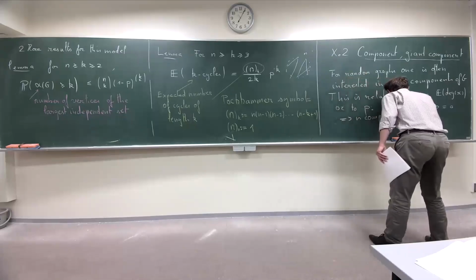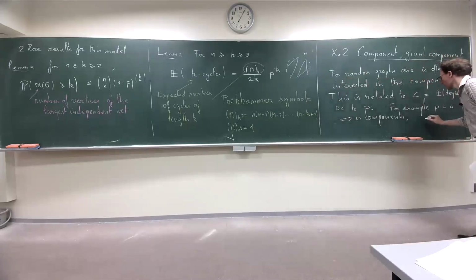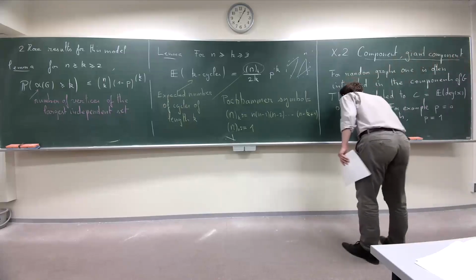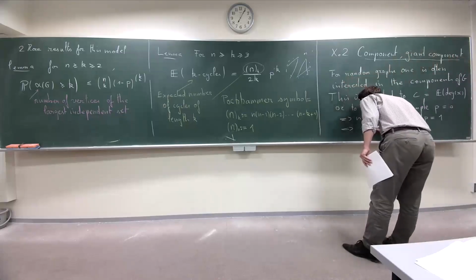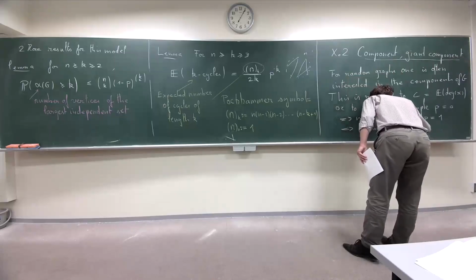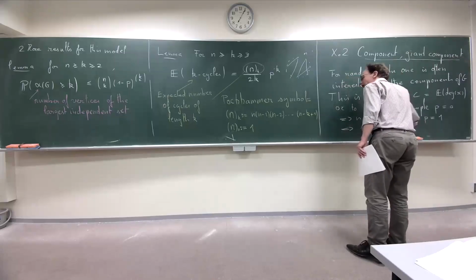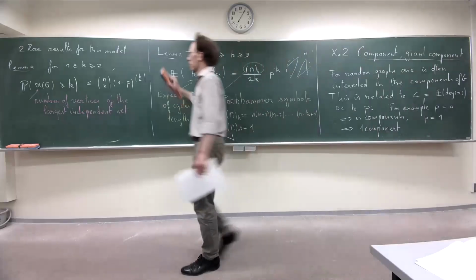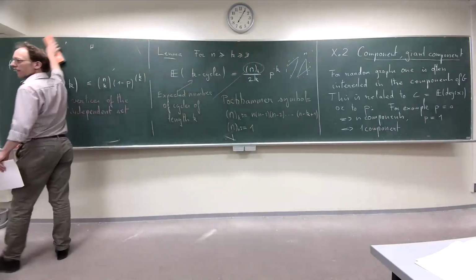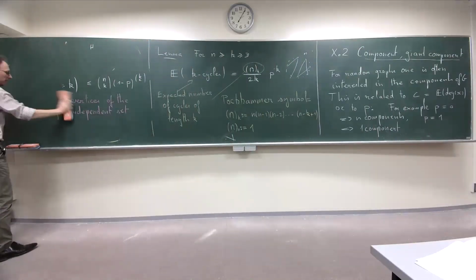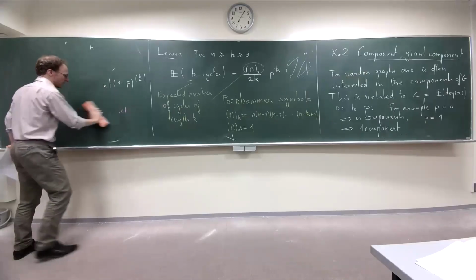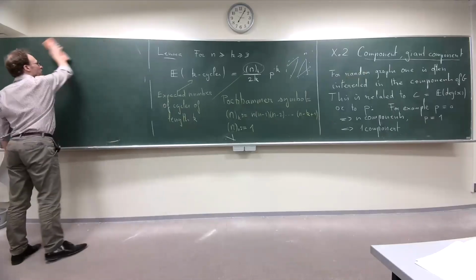You have n components of 1 point. And if p is equal to 1, we have 1 component. Everybody is connected. What happens in between? So in between, many things can happen. And in particular, do we have a giant component?